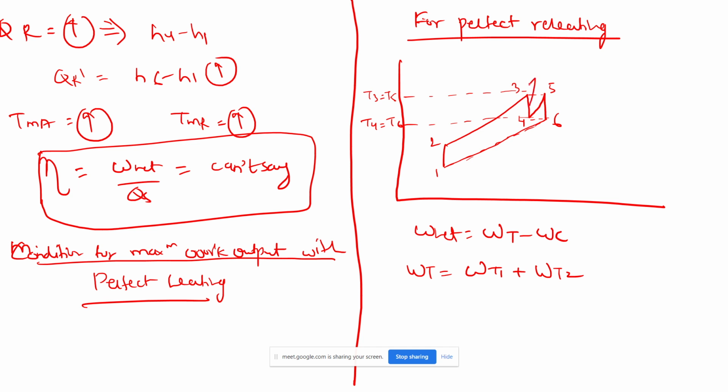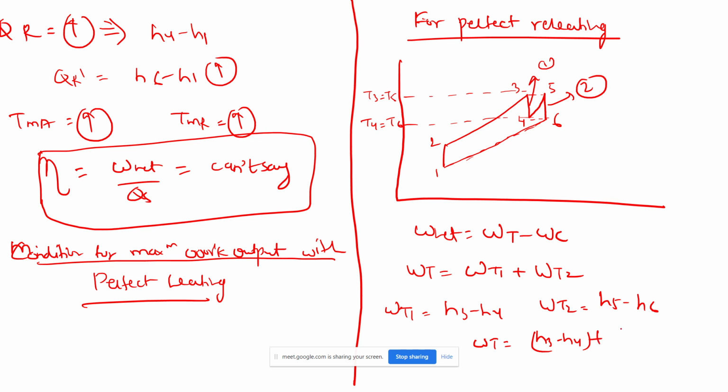WT1 is H3 minus H4, and WT2 is H5 minus H6. So the turbine work will be H3 minus H4 plus H5 minus H6.